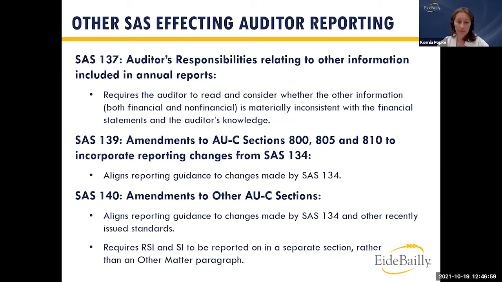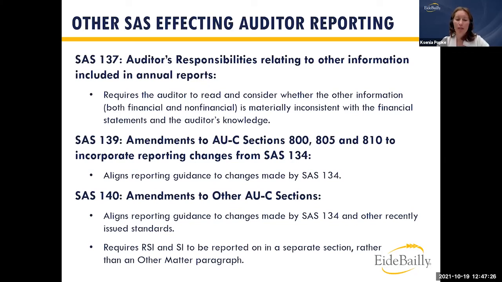For example, you'll see auditor's responsibility relating to other information, including an annual report. So other information could be management's reports, management commentary, annual reports, chairman's statements. They come in all kinds of shapes and sizes. And this particular standard requires the auditor to read and consider whether the other information is materially inconsistent with the financial statements.